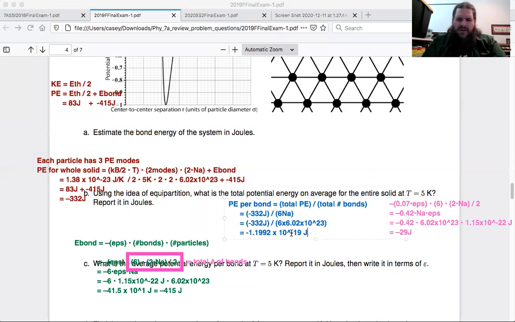My concern here is that if we convert this into epsilon by just multiplying, let's round this off to about negative 1.2 for now. If we convert this into epsilons by multiplying it by, what was epsilon again?